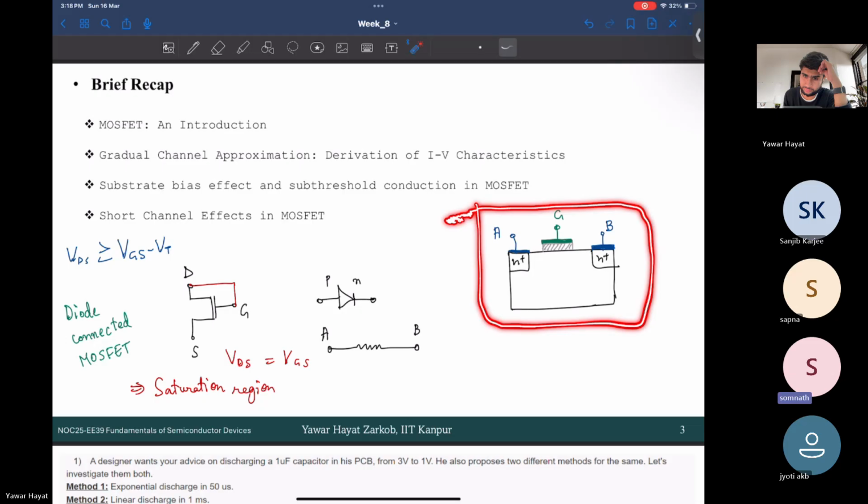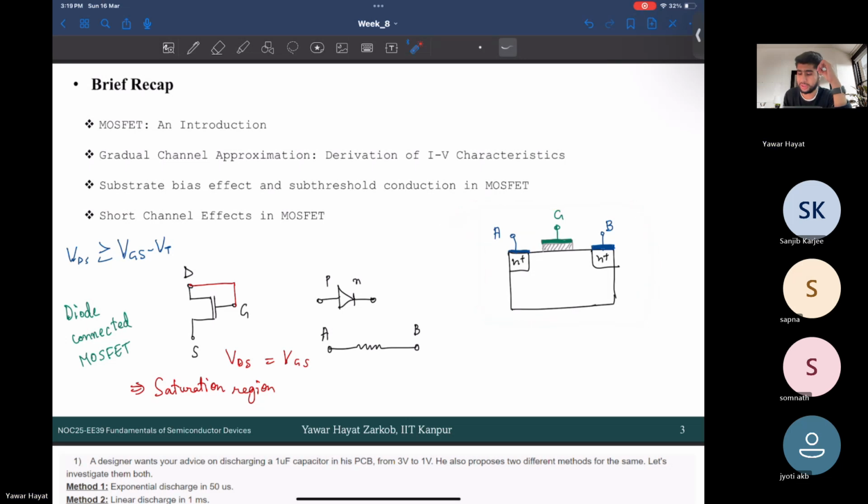Sir, it is interchangeable. It is interchangeable. So A can be drain, A can be source. B can be drain, B can be source. The only thing that would make it drain or make it source is the applied bias. So this is something that should be clear.